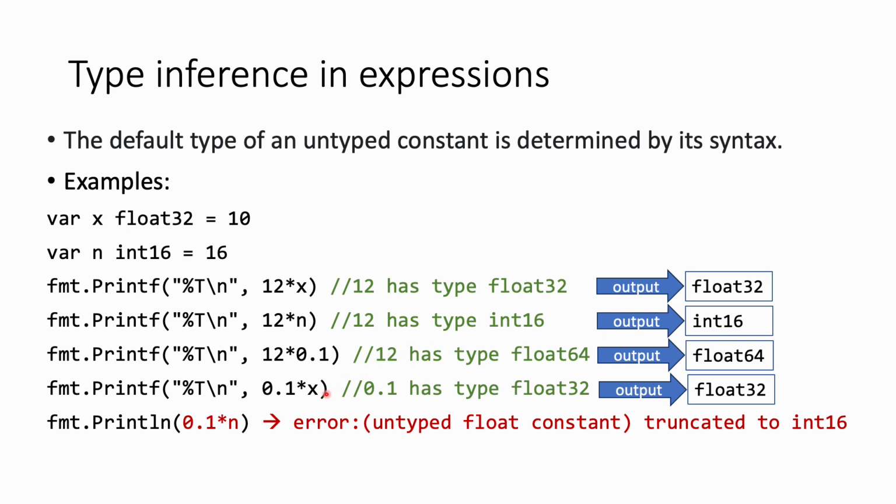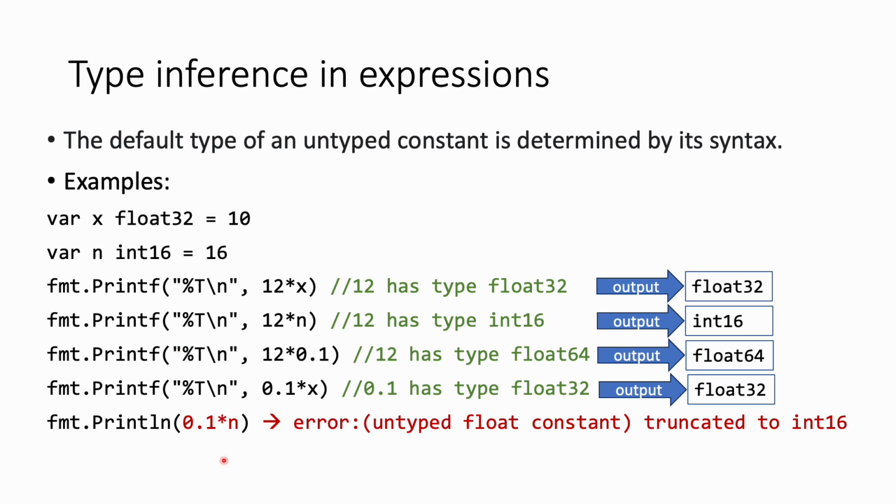Similarly, in the multiplication between 0.1 and variable x, the 0.1 constant has the same type as variable x, which is float32. And so the multiplication result has a type of float32. The same rule is applied in the multiplication between 0.1 and the variable n, which has a type int16.